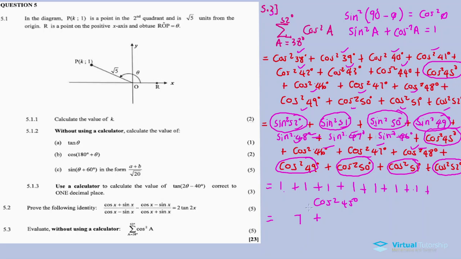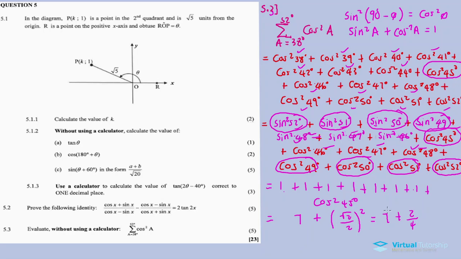Since this one is not a co-ratio but a special angle, it means cos 45 degrees is what? It's square root 2 over 2, using triangles or your calculator. Squared, it is equal to 7 plus square root 2 squared, which is 2 over 4.